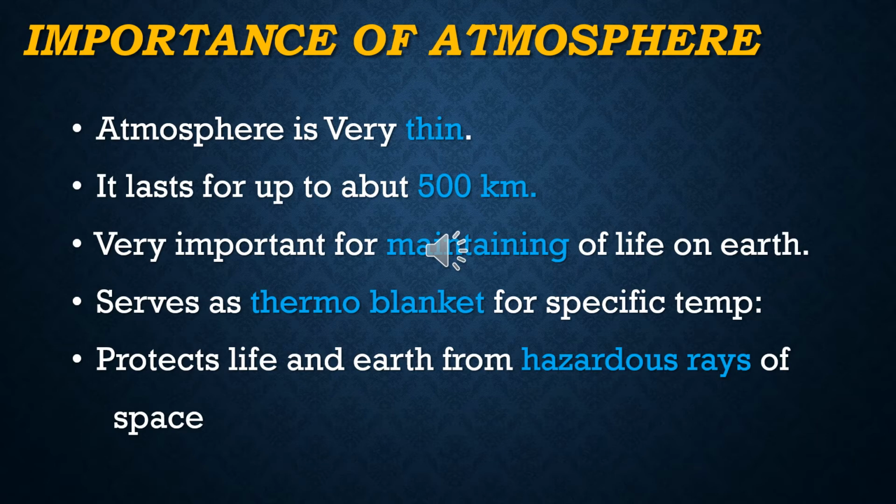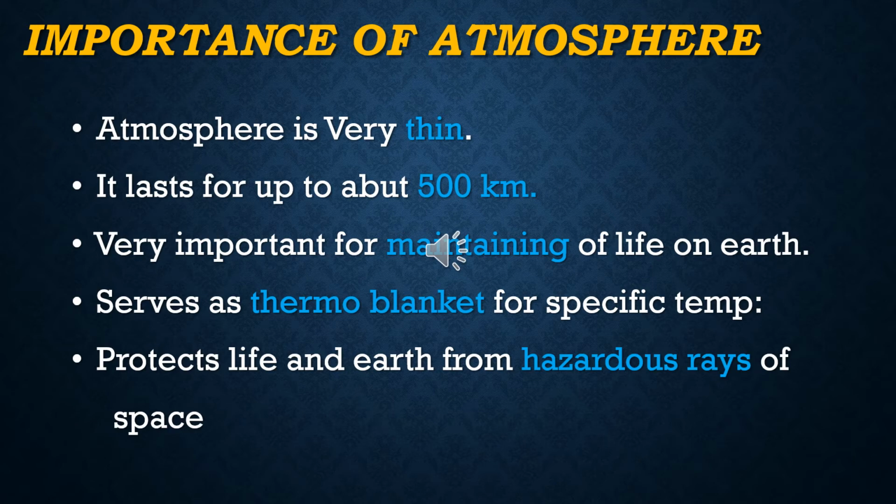A very important part in maintaining life on Earth is the atmosphere. It contains many gases, as we read in the third slide, that there were different gases in different percentages. So these gases have their impact on the life, on the living organisms, on the plants and the animals, on every life on the Earth.